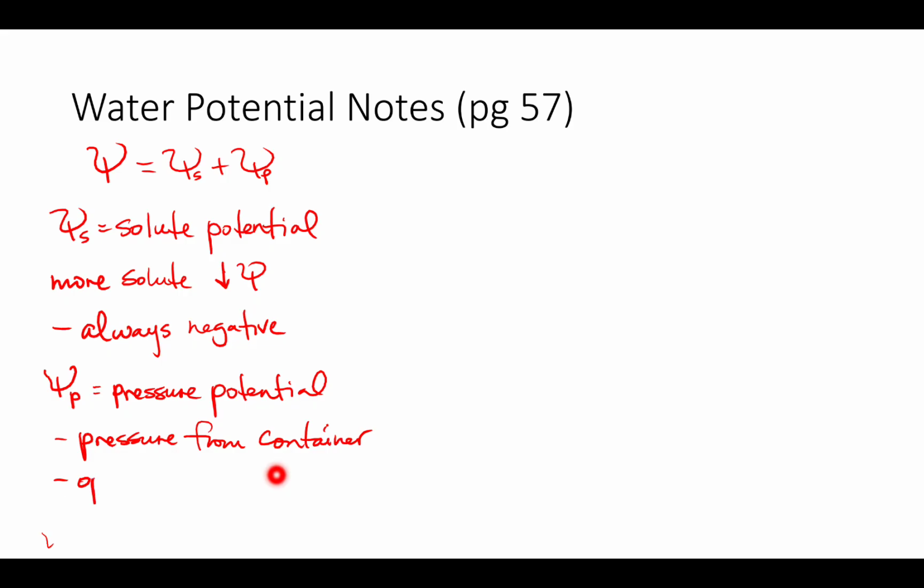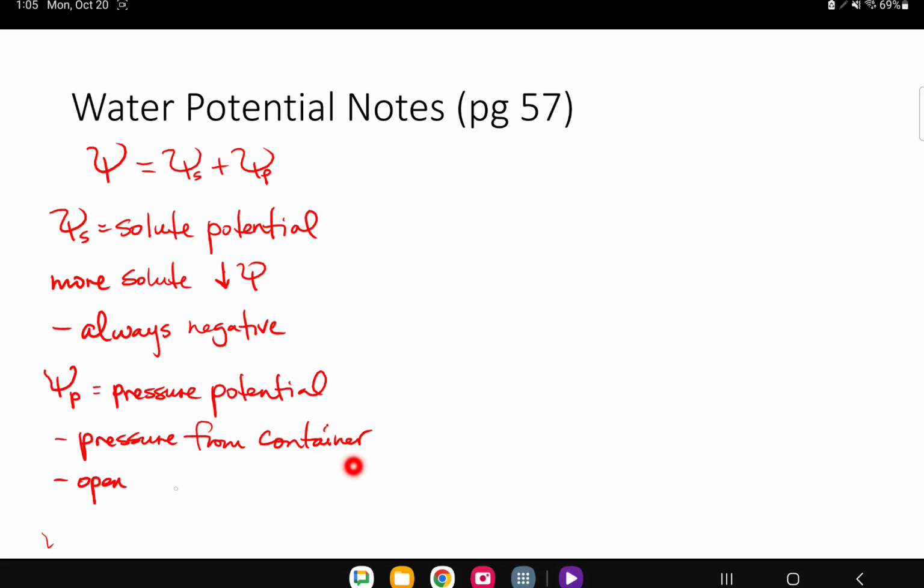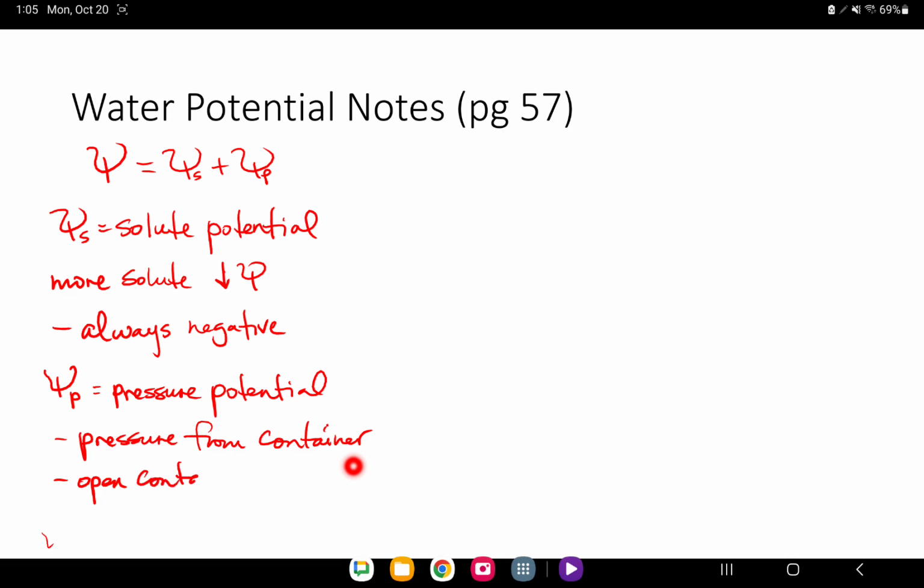In an open container like a beaker, usually it'll say it's in a beaker or an open container, then you have a very specific pressure potential. Your pressure potential is 0. So it's important also to remember the signs when you're doing water potential problems, because if you forget that negative sign, you're going to get a completely wrong answer for a water potential practice problem.